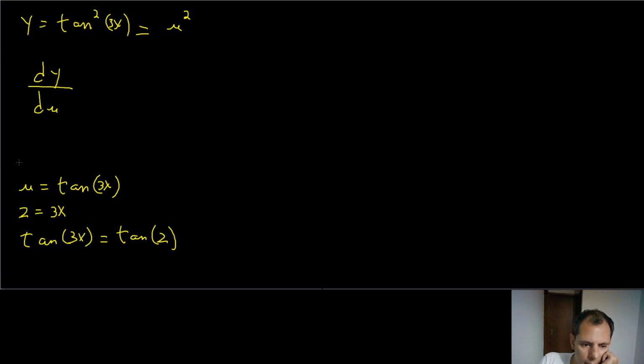Because the third function is this, y equals u squared. So y is a function of u is a function of tangent. A tangent of what? A tangent of z. Gotta put a z in here.